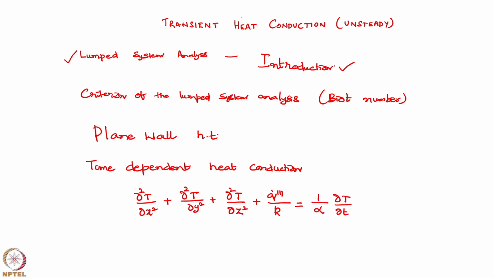Okay. So this is the temperature variation along the x direction, this is the temperature variation along the y direction, this is the temperature variation term along the z direction, and this takes care of the unsteady term.